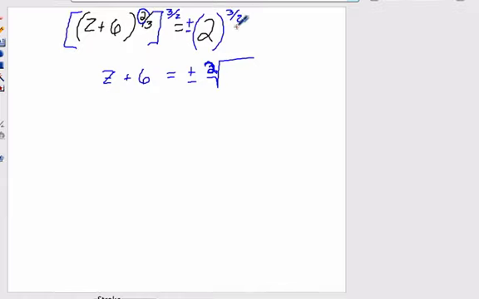So the second root, square root of 2 to the third. So when I have a square root, I don't necessarily have to put the 2 there. It's assumed if there's nothing there that it's a square root. So I'm just going to come over here to the side. 2 to the third is 8, and I want to take the square root of 8. I want to simplify that. 8 is 4 times 2.